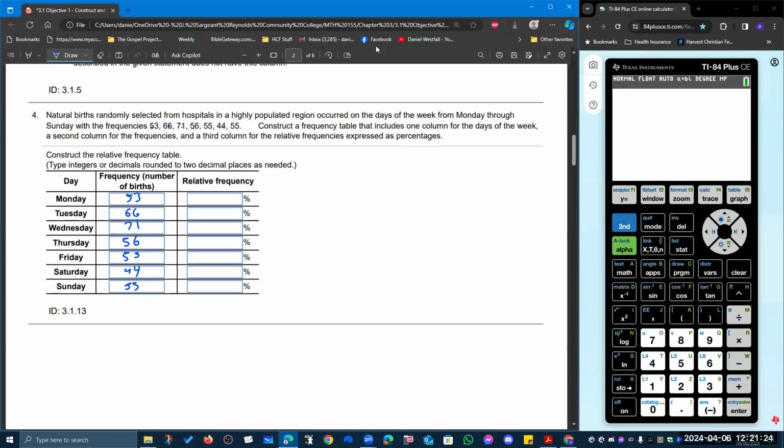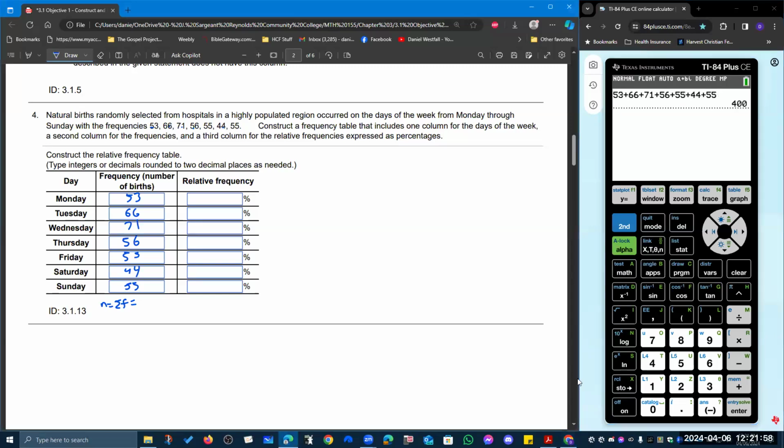And then we want to find what's called relative frequency. To find that, we're going to have to add everything together to get our n. So our n is the sum of all of our frequencies: 53 plus 66 plus 71 plus 56 plus 55 plus 44 plus 55.